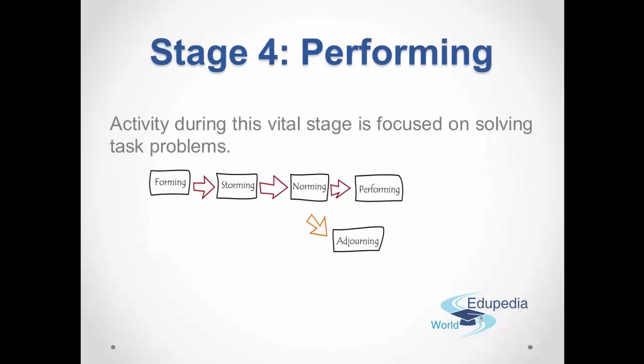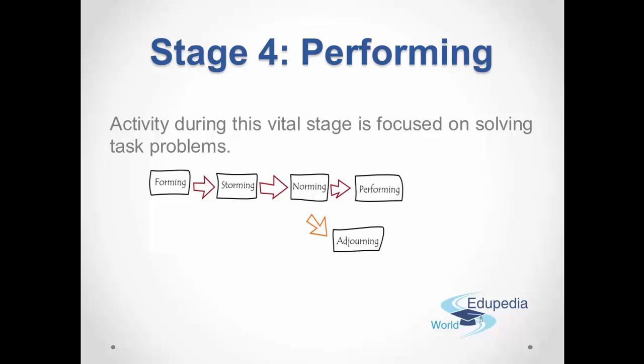Performing. Activity during this vital stage is focused on solving task problems. As members of a mature group, contributors get their work done without hampering others. There is a climate of open communication, strong cooperation, and lots of helping behavior.